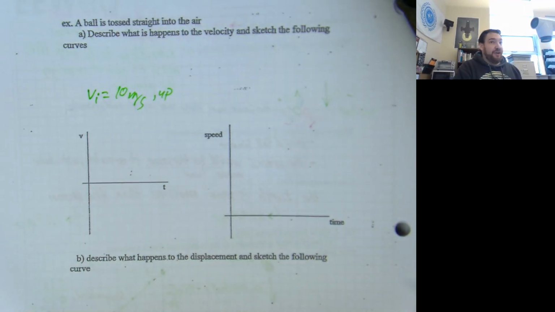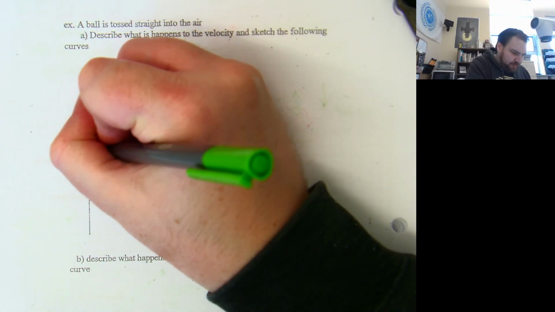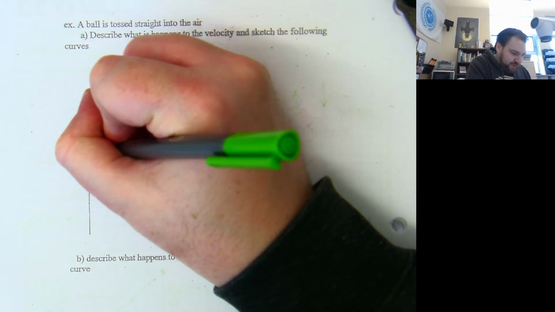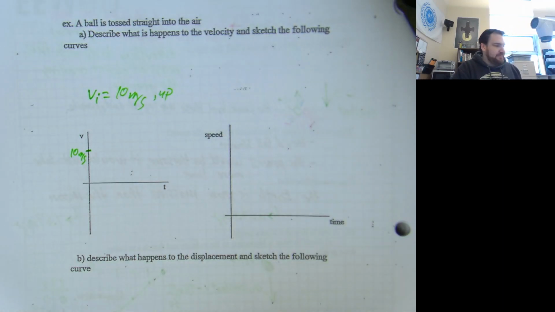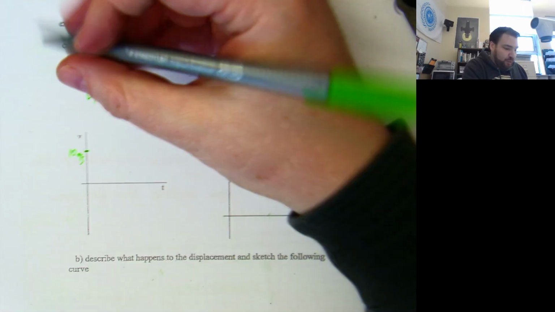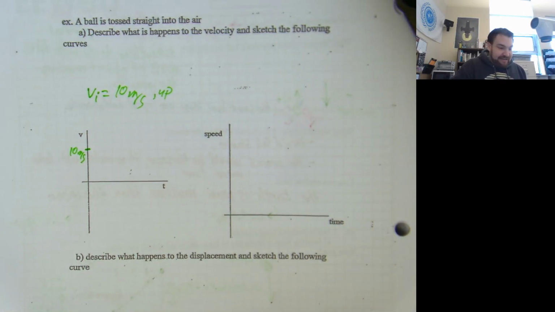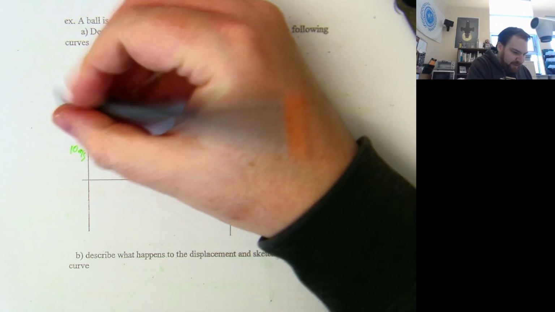What's that going to look like on the graph? Well, it's going to be up here at 10 meters per second. And as soon as the ball left my hand, it started to slow down, which means if the velocity started at 10, I'll use this color, it immediately started to drop.